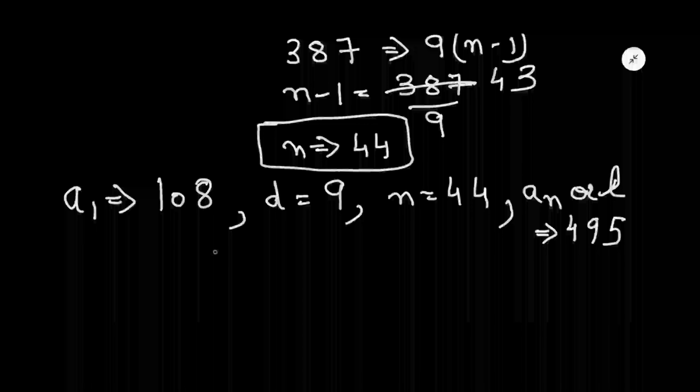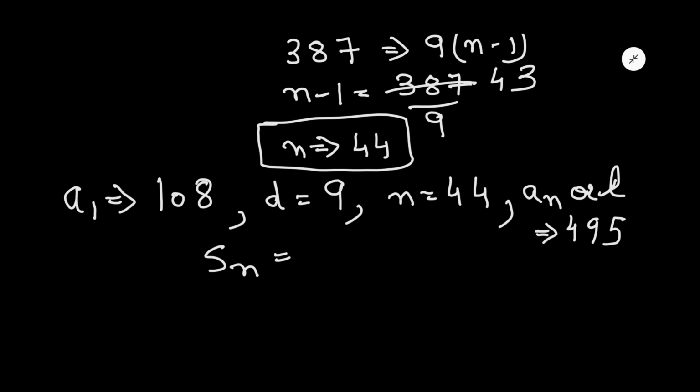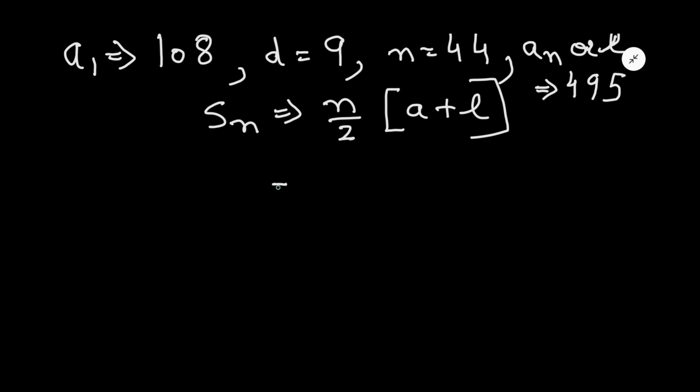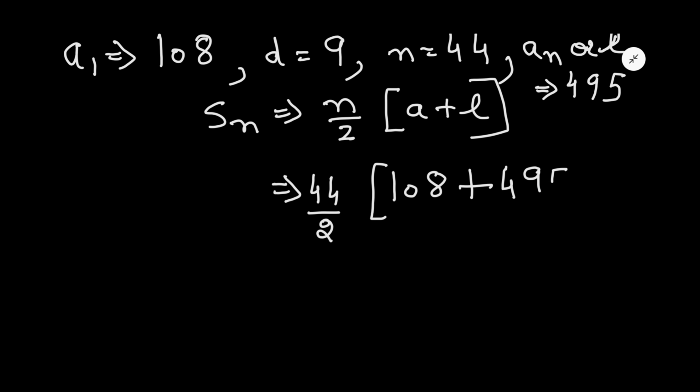So we can use the formula n by 2 times (a plus l). The value of n is 44. The value of the first term is 108. The value of the last term, or the nth term, is equal to 495.